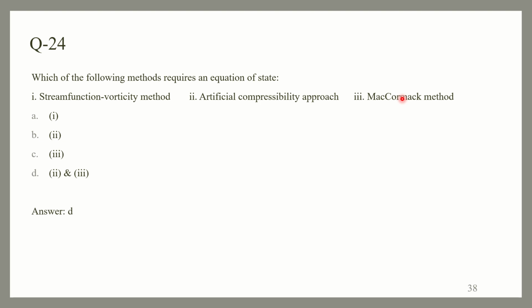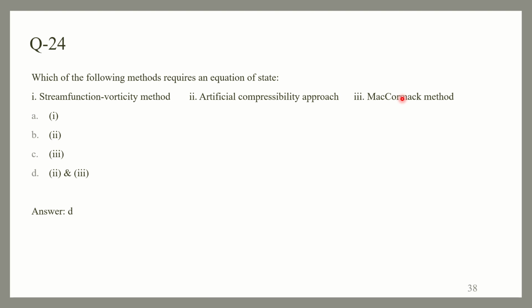Answer is option D, because the first one is a stream function vorticity approach. It is the solution method available to compute the solution for the incompressible fluid flow Navier-Stokes equation. So there, I think pressure is computed from the Poisson equation, but not from the equation of state.